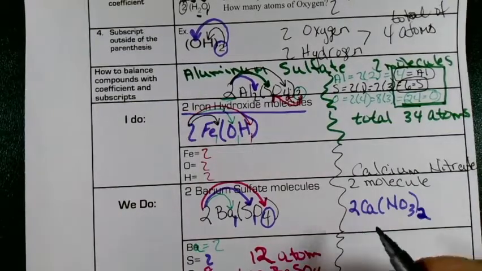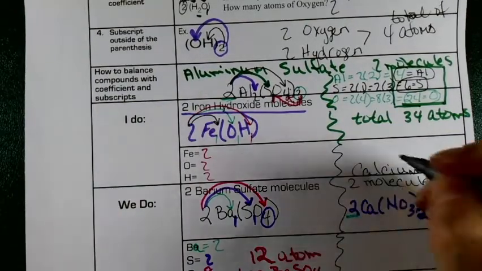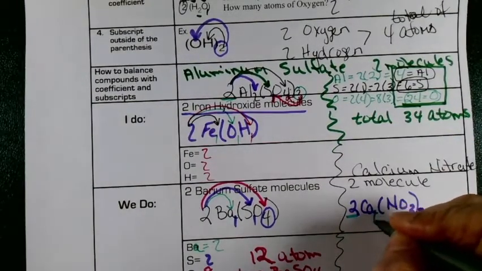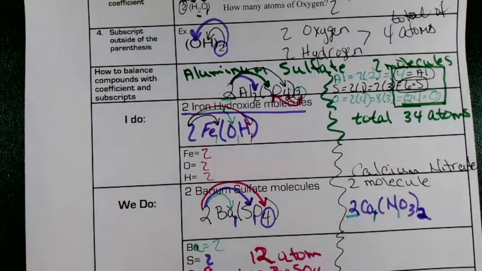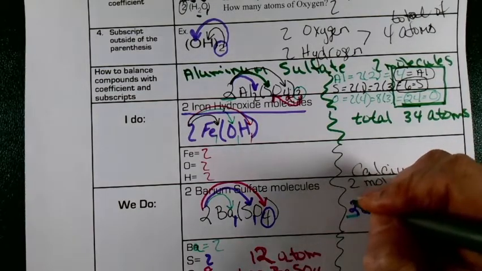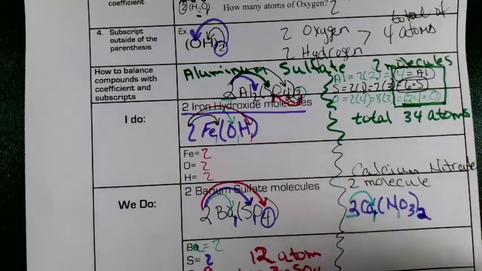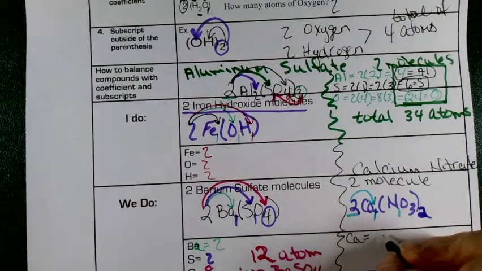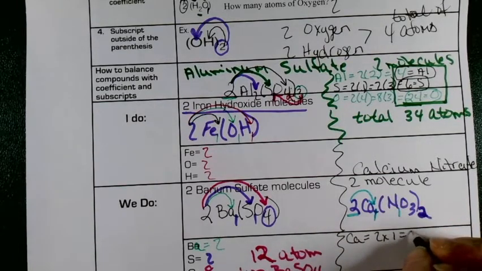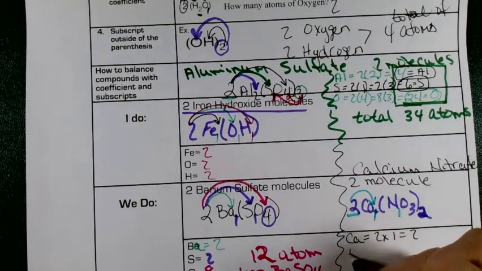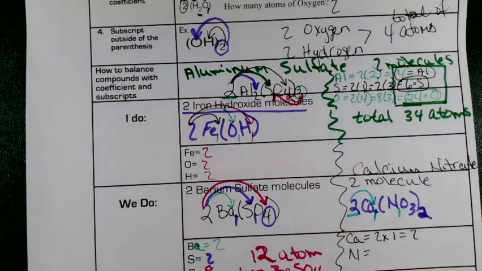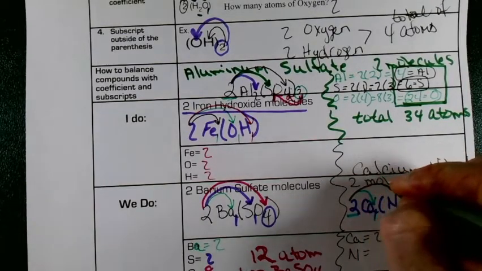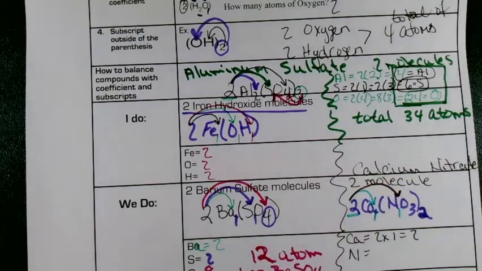So again, I take this coefficient and I'm going to pretend there's a 1 here and a 1 here on the nitrogen. I'm going to multiply for my calcium, 2 times 1 equals 2. For my nitrogen, again, it's 2 times 1.